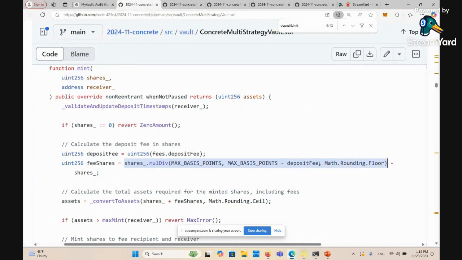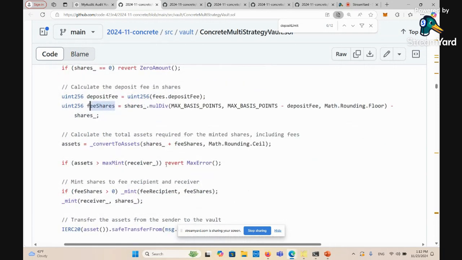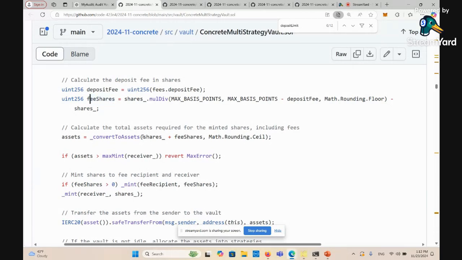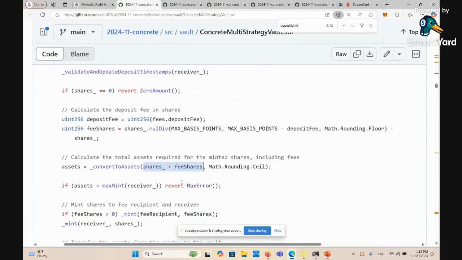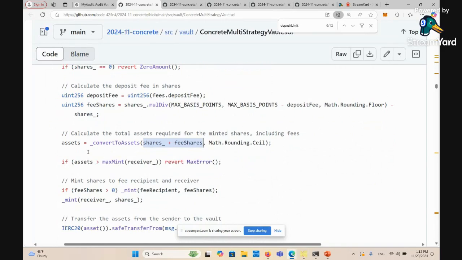Because you have to pay the fee, and you need to get this number of shares, you actually need to burn more shares. So this is the amount of shares we have to burn, and then minus the shares, this is going to be the fee shares paid to the fee collector. And then based on the total shares, which is going to be more than the shares you need because you have to pay the fee, we get the asset.